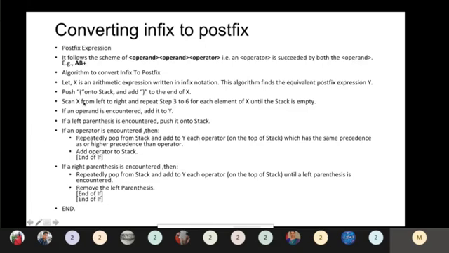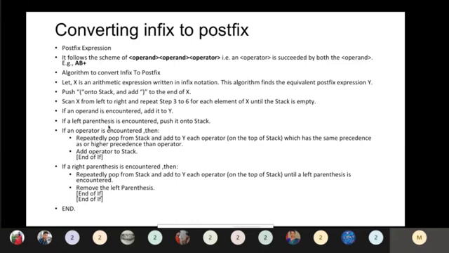We scan X from left to right. We have some expression and we start the reading operation from the left-most character. Repeat steps 3 to 6 for each element of X until the stack is empty, until the null character is obtained. If an operand is encountered, add it to Y. Otherwise, if you get any operators or parentheses, you push them on the stack.